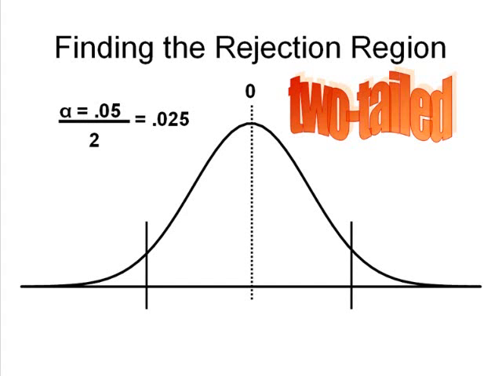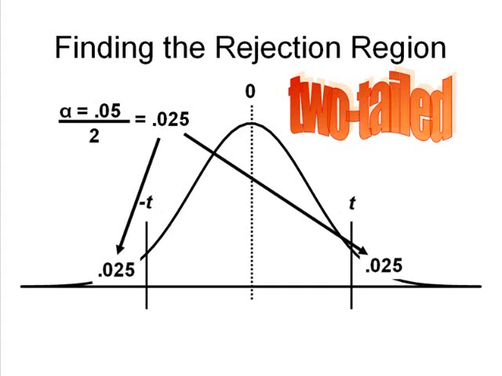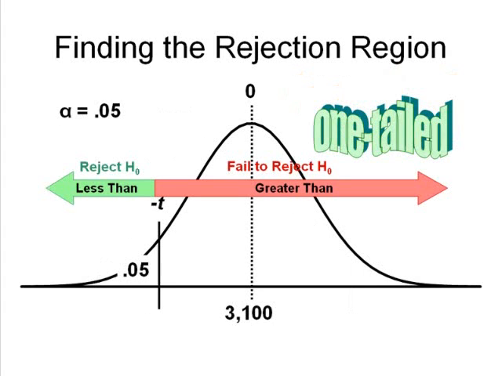And now normally what we do is we do a two-tail test. And normally what we want to do is we take half of the alpha and we put it on each side of the curve. So we put half in the left tail and half in the right tail. But in this case, we want to do a one-tail test.